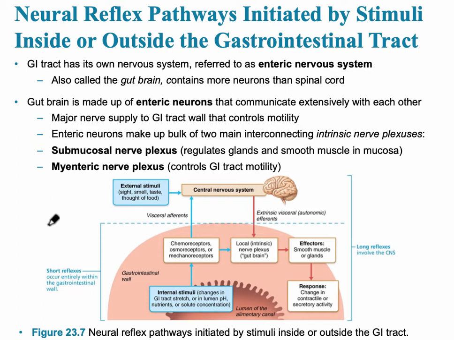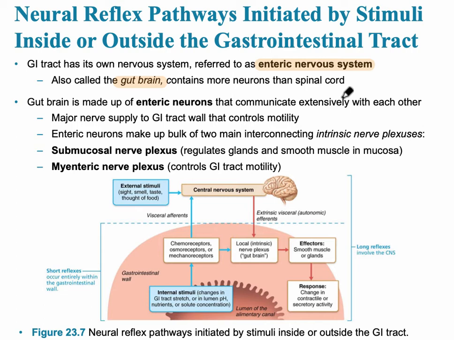What's really interesting is that the GI tract has its own nervous system, and we refer to that as the enteric nervous system, enteric referring to the GI tract or gut. We also call this the gut brain, and it contains a whole bunch of neurons, in fact more than the spinal cord.